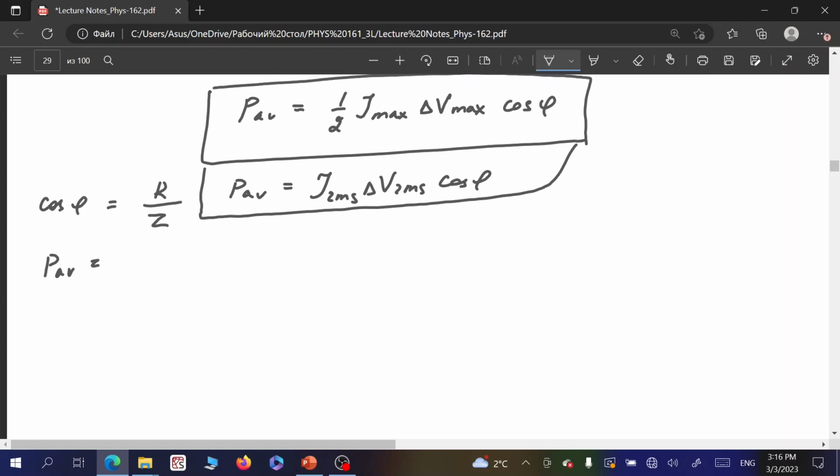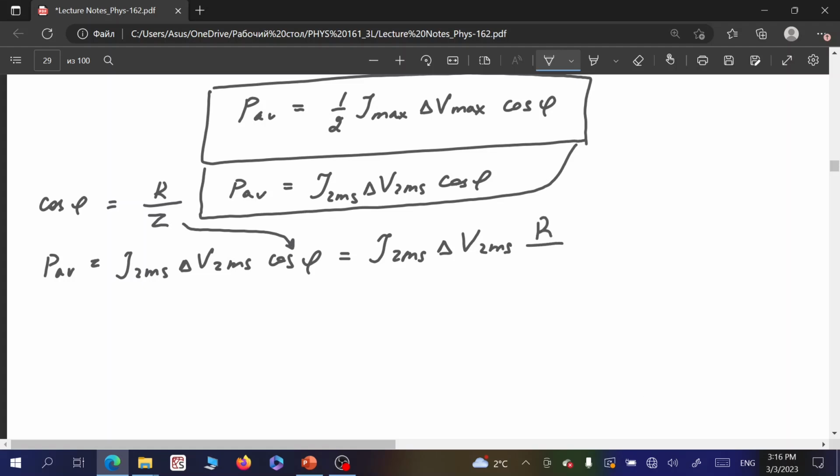So now when we operate with RMS values, let us write IRMS times delta V RMS times cosine phi. Instead of cosine phi, we can substitute this ratio. So we will get IRMS times delta V RMS, and here will be active resistor divided by impedance.